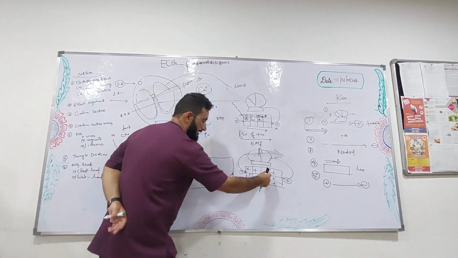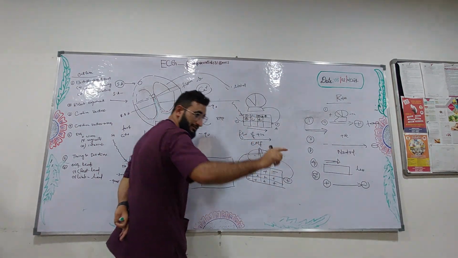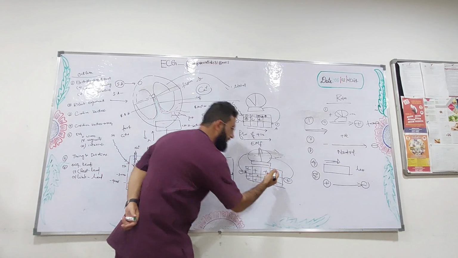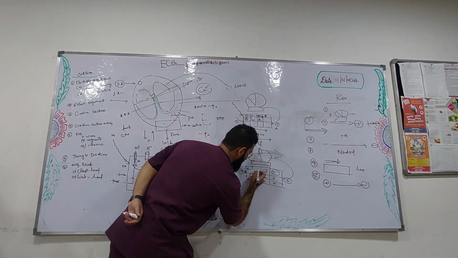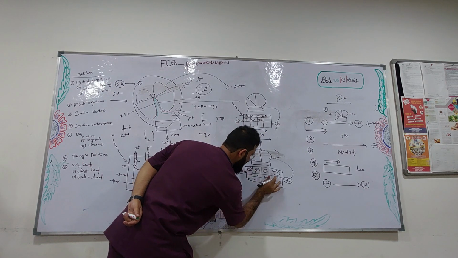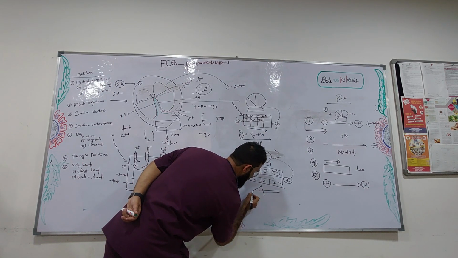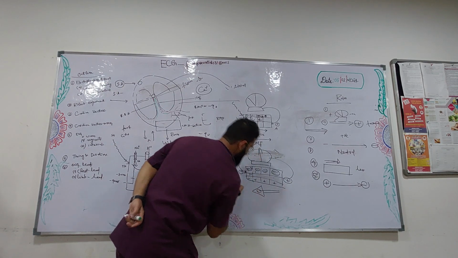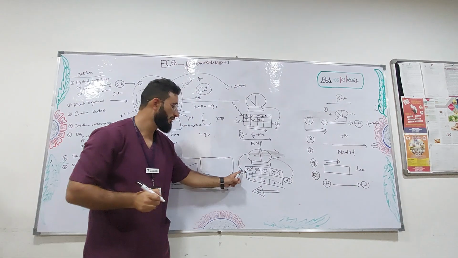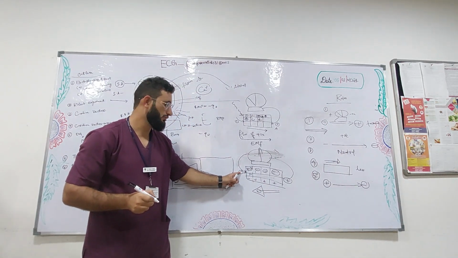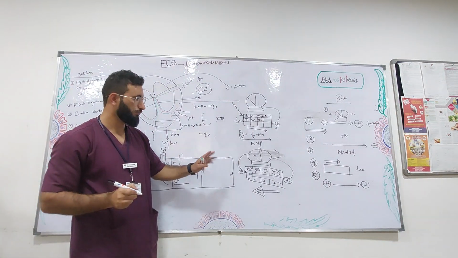This cell depolarized last, so it will repolarize first. Now there is flow of negative ions, from negative to negative. The deflection is again positive.